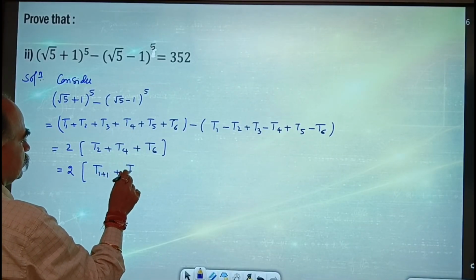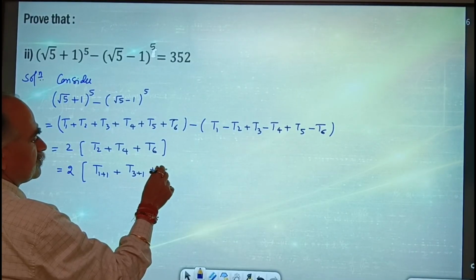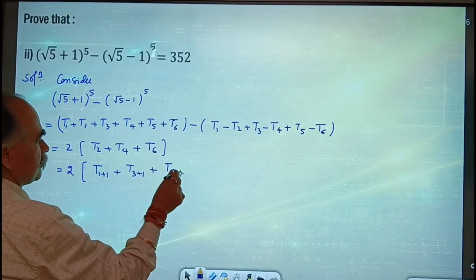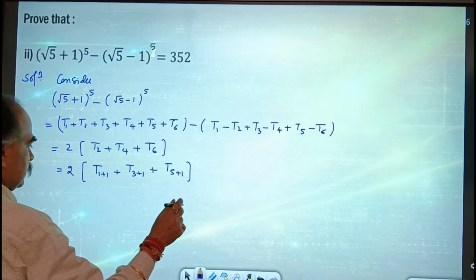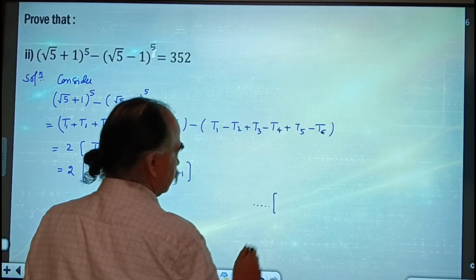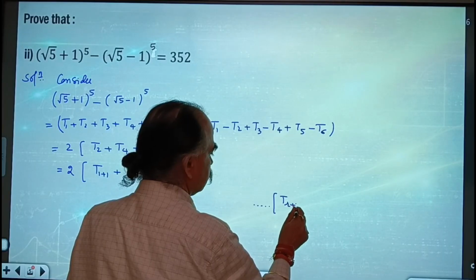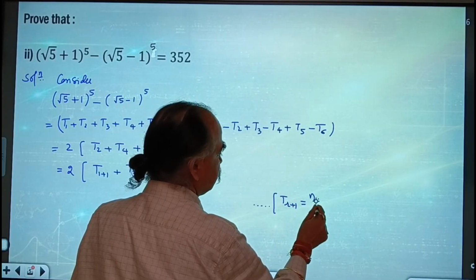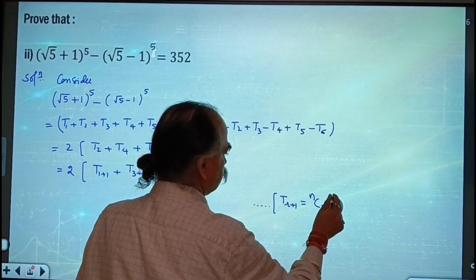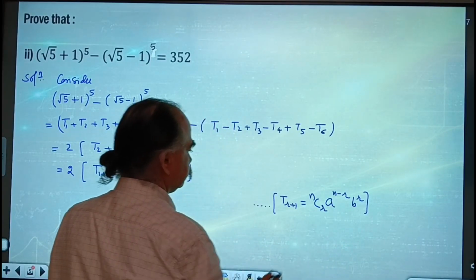T4 is what? T3 plus 1. And T6 is what? T5 plus 1. And I already gave T(R plus 1) as what? nCR A raised to n minus R B raised to R.